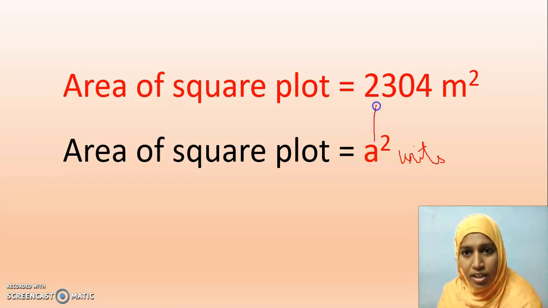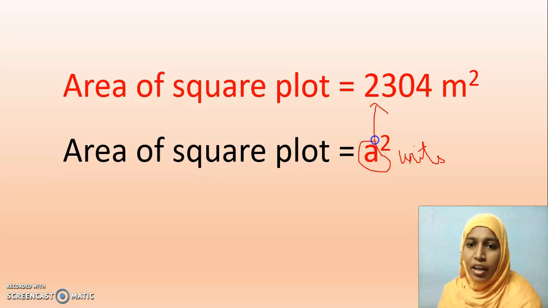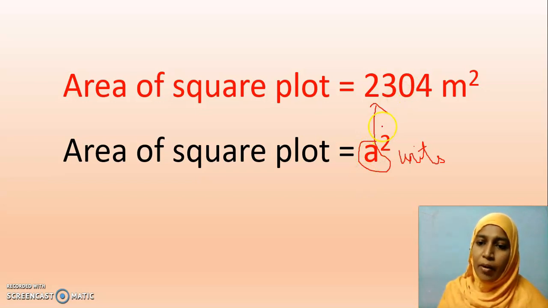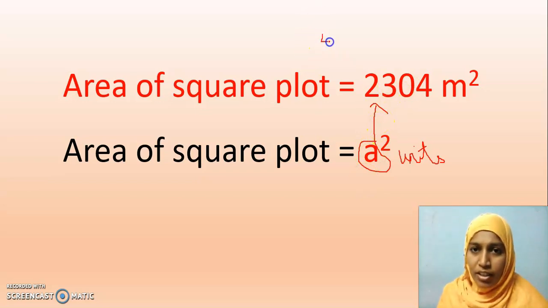So A squared is 2304. Then how to find A? Any guesses? I know A squared is equal to 2304. How to find A? I will give you an example. If I say 4 squared is equal to 16.